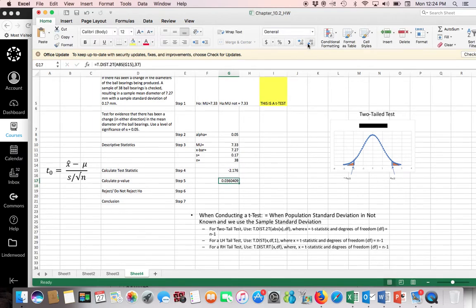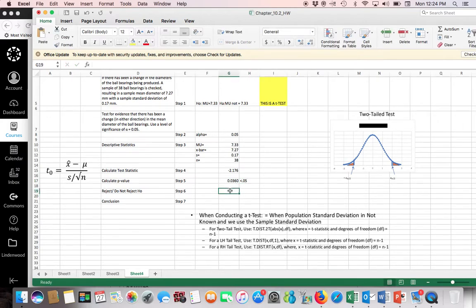Our p-value is 0.0360. Okay? The level of significance is 0.05. So 0.0360 is less than 0.05.